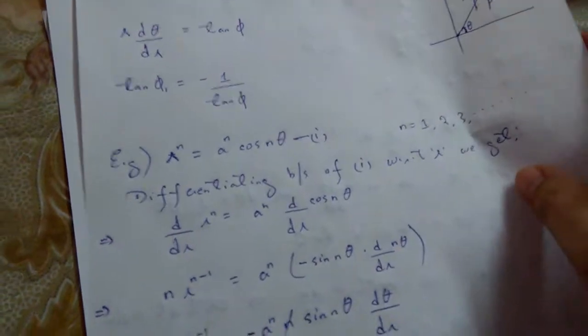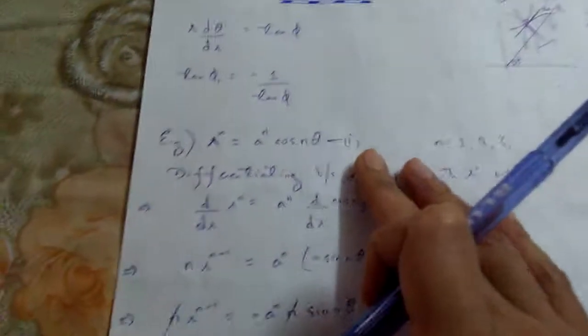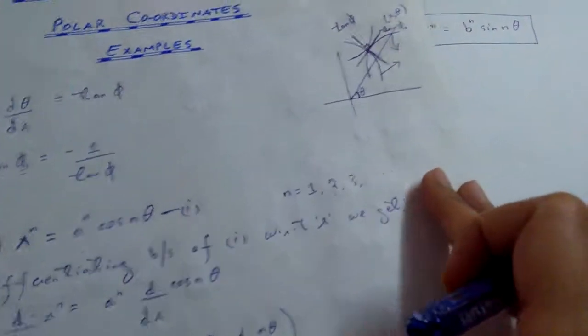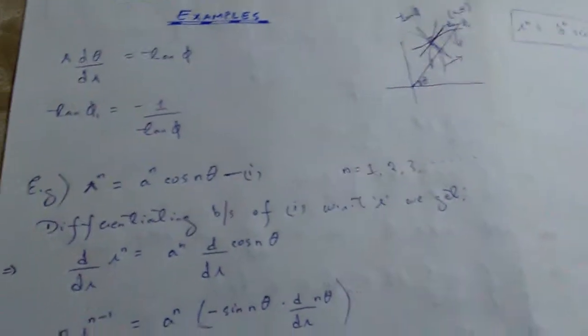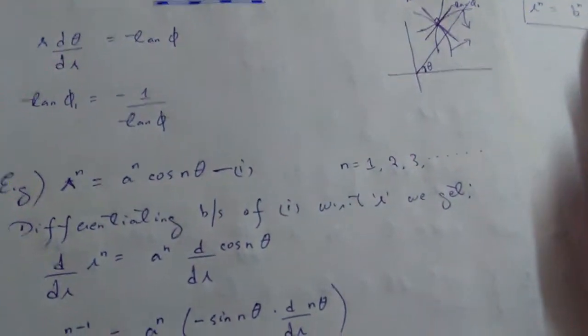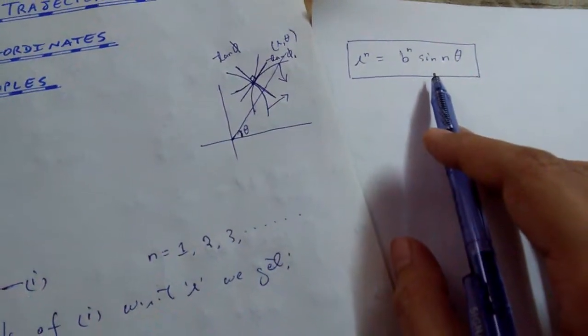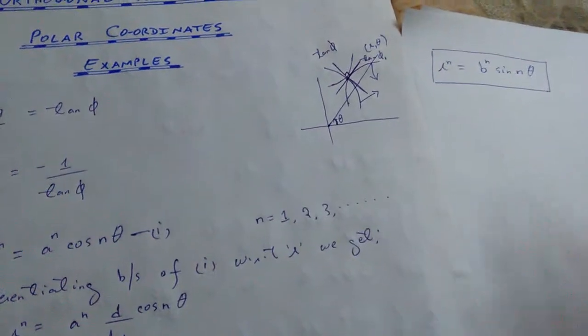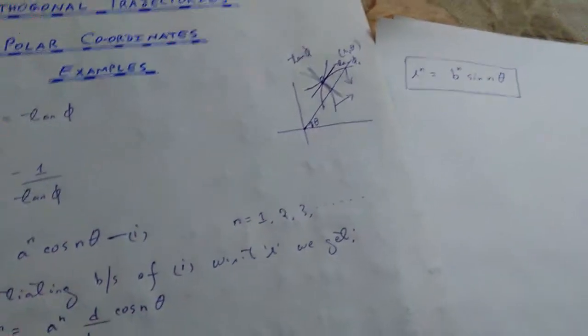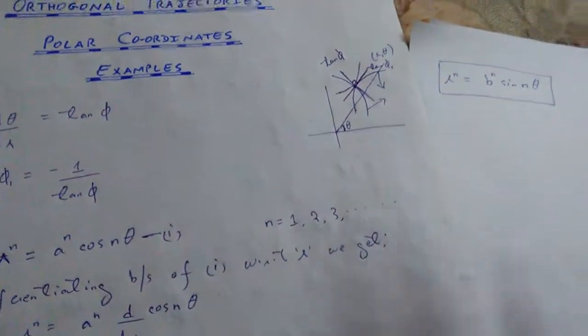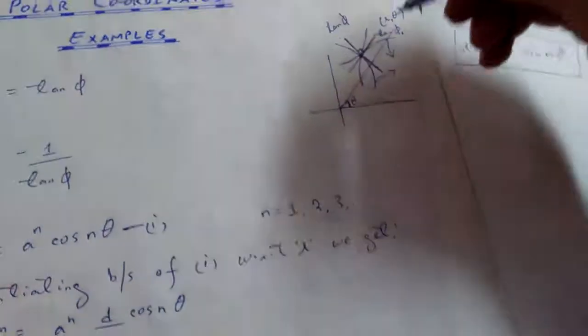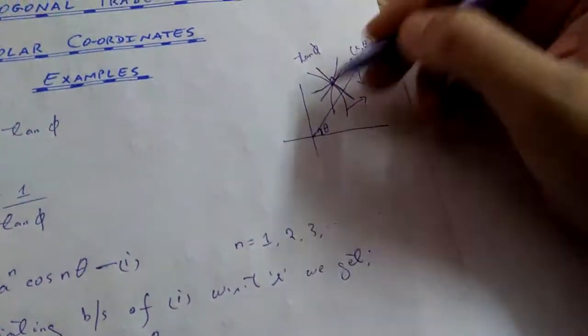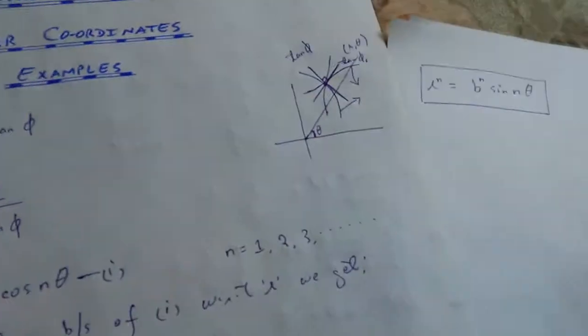Now, we have obtained the equation of the orthogonal trajectories of this family of curves. Both these families of curves are orthogonal to each other, meaning at the points where these curves intersect each other, when you draw the tangents, they are going to be perpendicular.